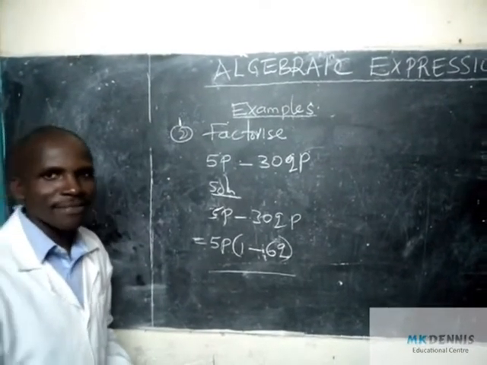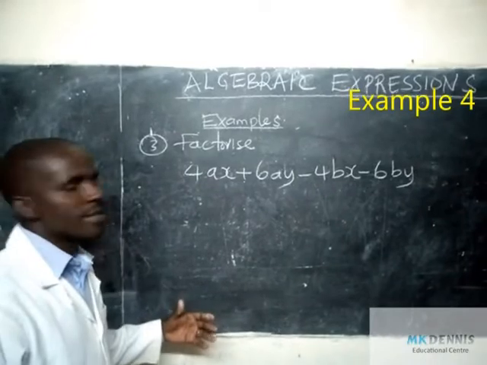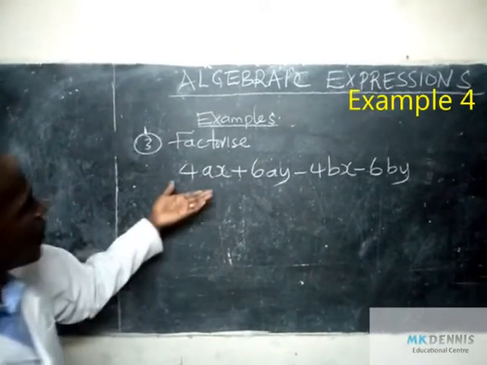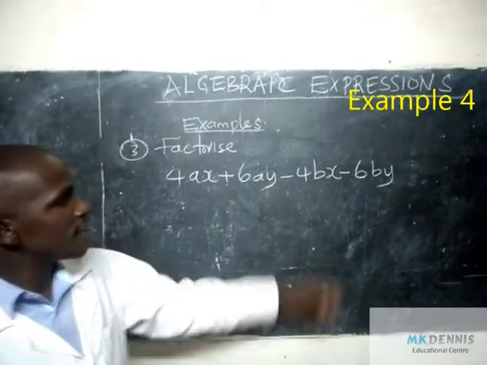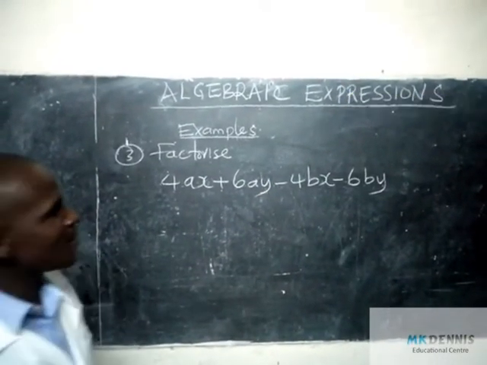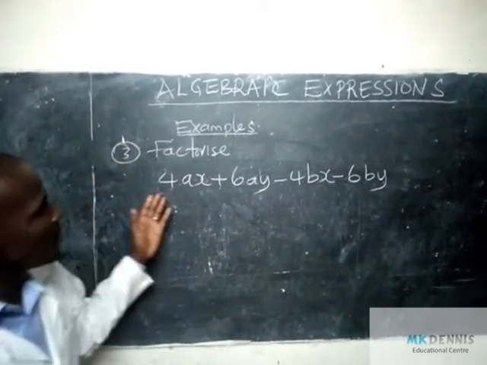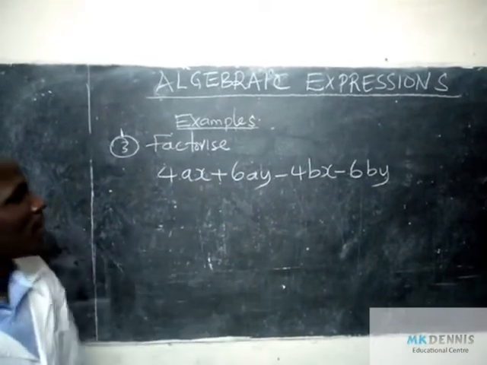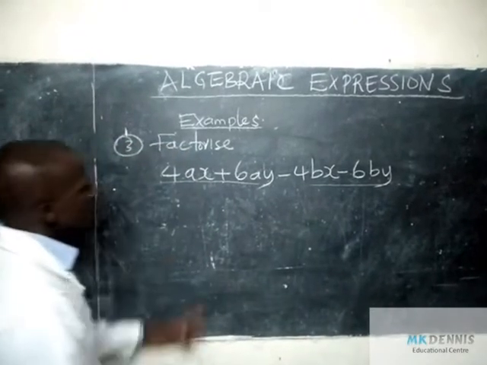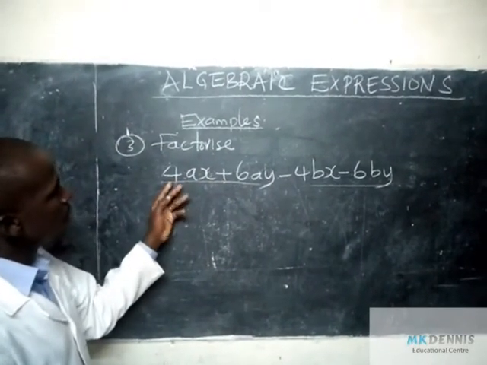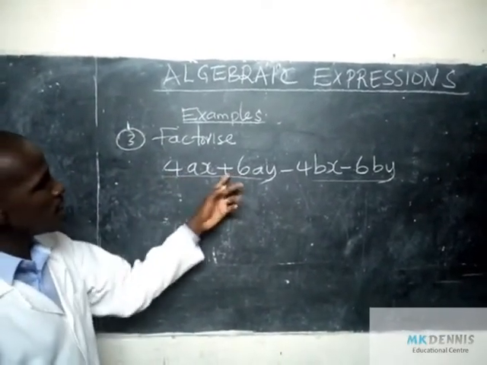Now, this third one, we are still dealing with factorization. We have 4ax plus 6ay minus 4bx minus 6by. Now we are interested in getting what is common. You can consider this one and this one separately. What is common here? 2 is common, and a is common.